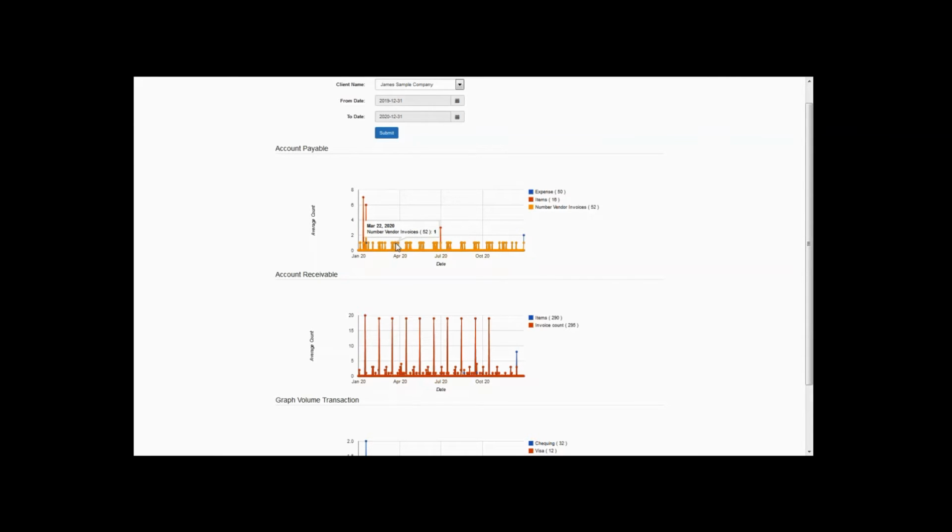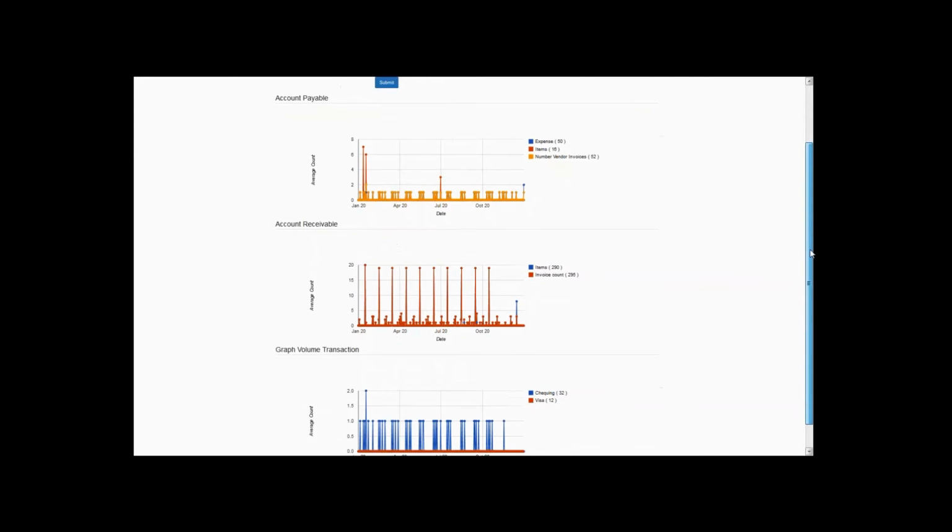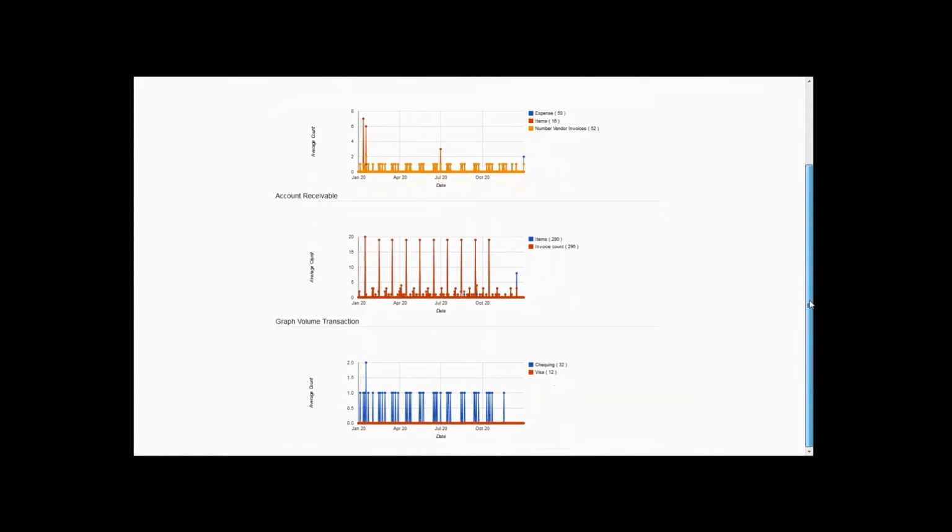Gotcha. Yeah. So now moving down to the AR side. Now sometimes some bookkeepers do AR and some don't, but it's still important to know the volume of AR transactions. And we've done the same thing on the AR side. It gives us the total number of AR invoices that the client does, and then how many lines with items are being sold on each one.